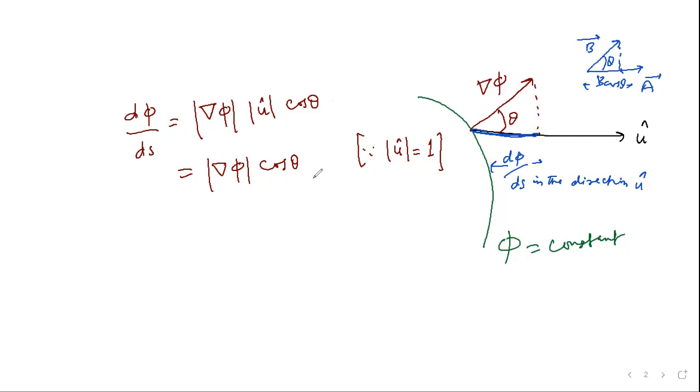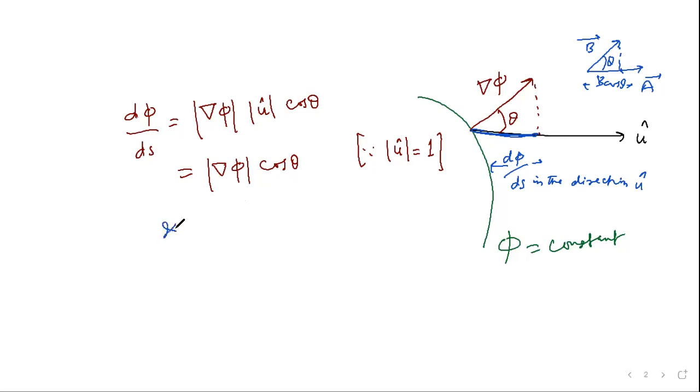It's one thing. Now if theta changes, directional derivative will change. What is the maximum value of cos theta? Maximum value of cos theta is 1, and that is for theta equal to 0.